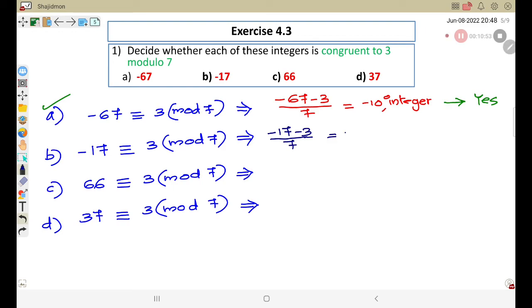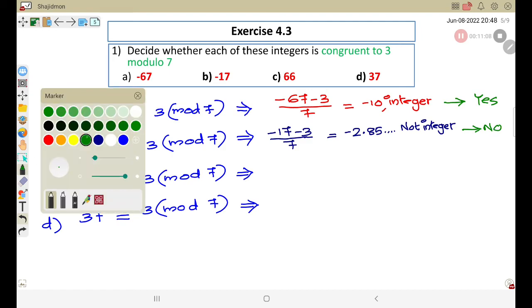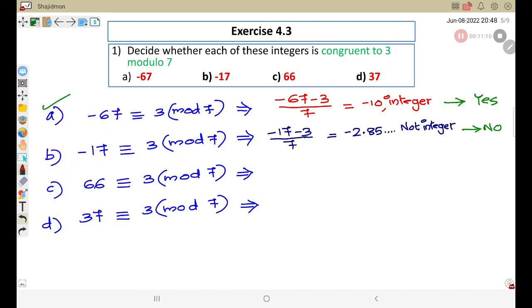It is approximately minus 2.85, so it is not an integer. So the answer is not congruent. We need to update the symbol here; we cannot use the congruent symbol. It is not congruent to 3 mod 7.